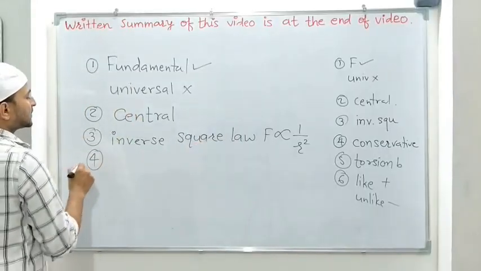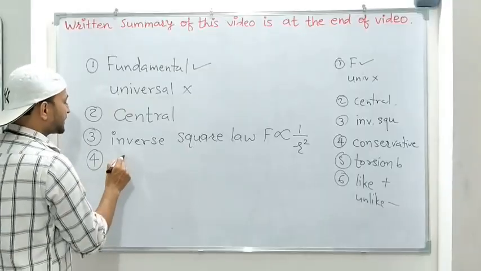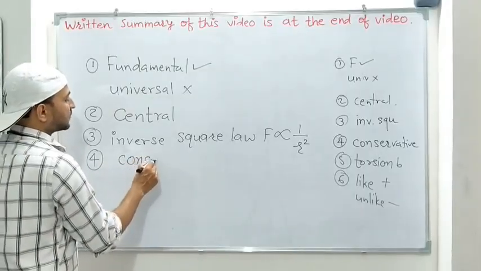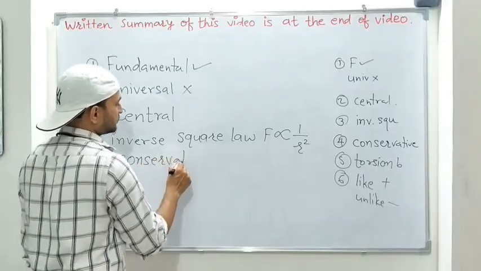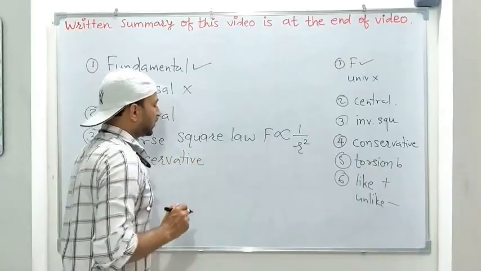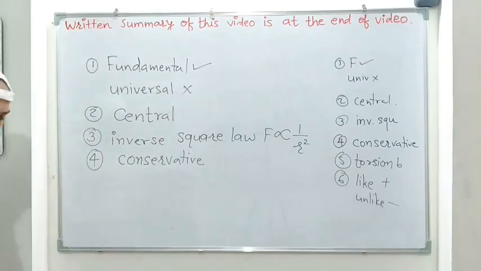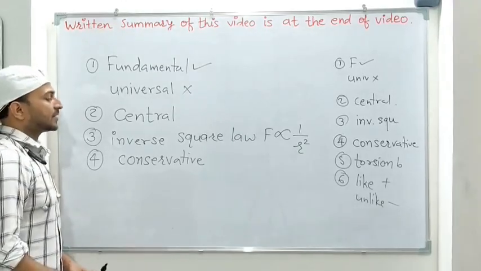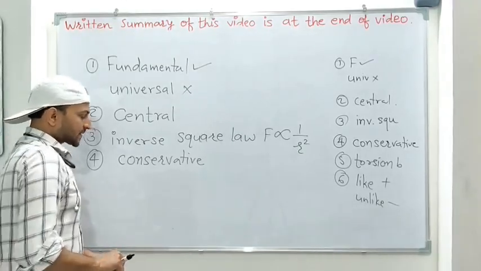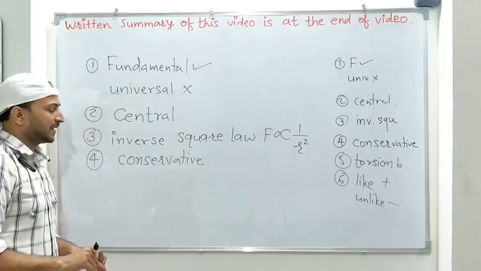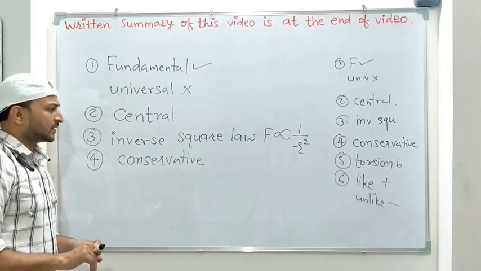Fourth property is Coulomb's force is a conservative force. Now what is conservative and non-conservative is a topic of standard 11th chapter work, energy and power. So we will not discuss it here, but I think you must be knowing it.